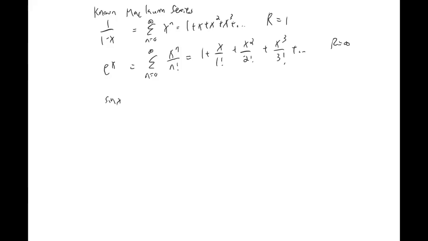And you have your famous sine cosine functions. Once you memorize sine, you've memorized cosine, because sine are like the odd terms, cosine are like the even terms. So it's x minus x cubed over 3 factorial. By odd terms, I mean like odd power, right?